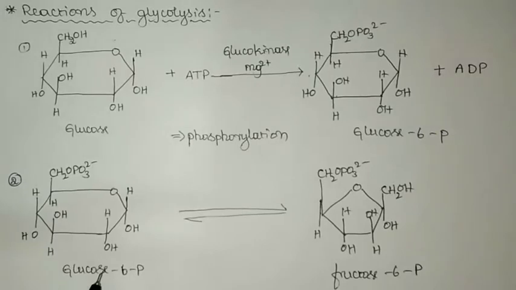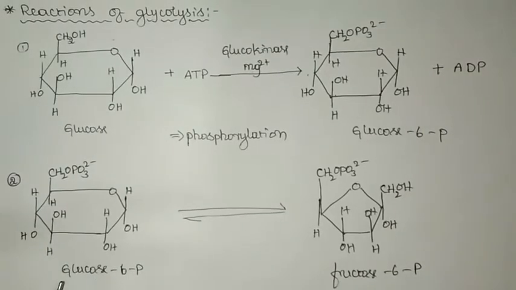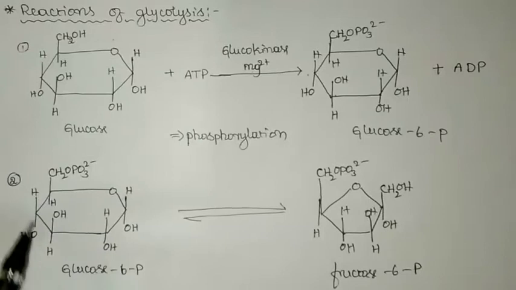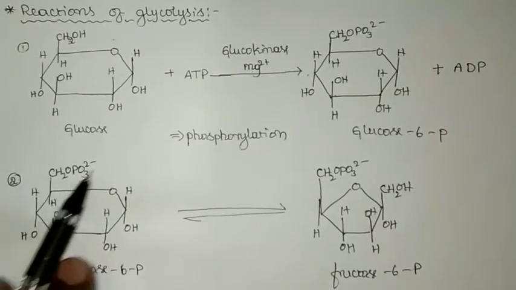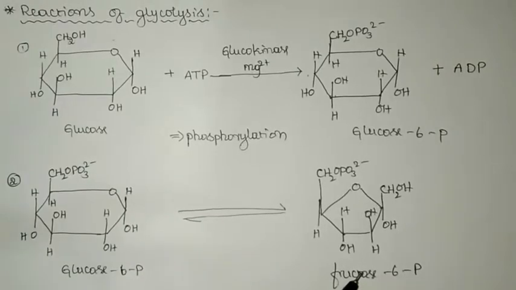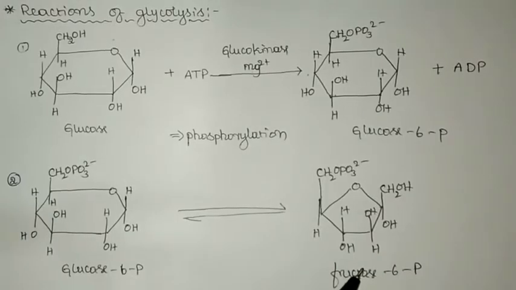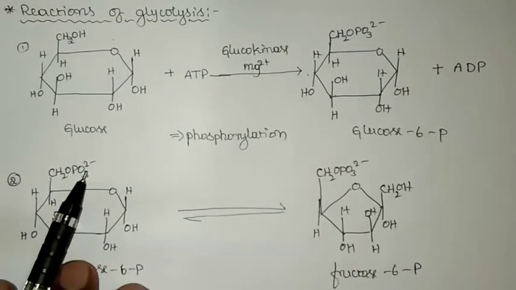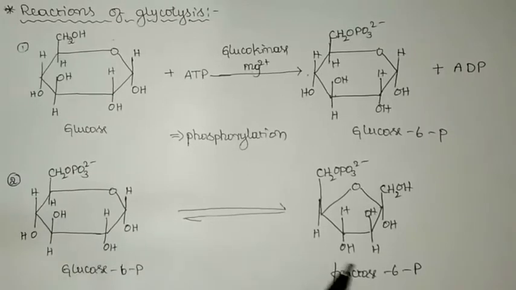So here you can notice glucose is converted into fructose. As I said, these two are isomeric forms, and the substrate material is glucose 6-phosphate, that is phosphorylated glucose, and that is converting into fructose. So we know that while giving names for enzymes, we should notice the type of reaction happening and the nature of the substrate material which is undergoing transformation. So this is a phosphogluco material which isomerizes to give fructose.